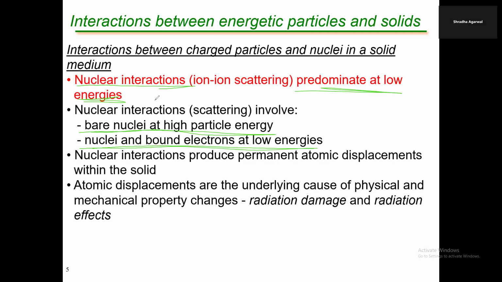So it is simply saying that at high particle energy, nuclear interactions involve bare nuclei, and at low energy, it involves both nuclei and electrons. So guys, here your incoming particle is going inside the solid, right? And the solid has electrons. When the energy is low, it tries to make an interaction, and because it is so slow, the time of interaction is so high that it interacts with both, right?